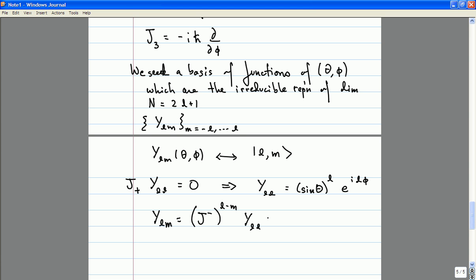And so that's some horrible function that we could call P_LM of theta times e to the i m phi. We could go ahead and work it all out in horrible explicit detail if we wanted to.